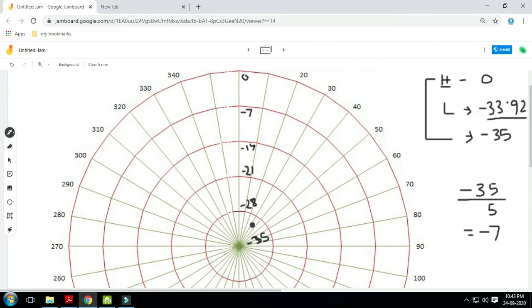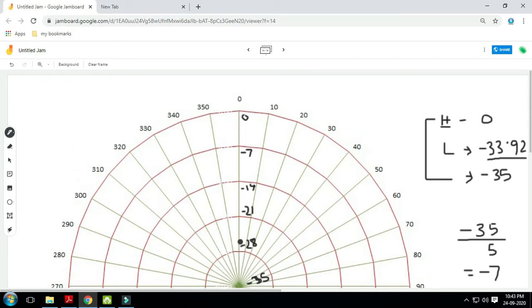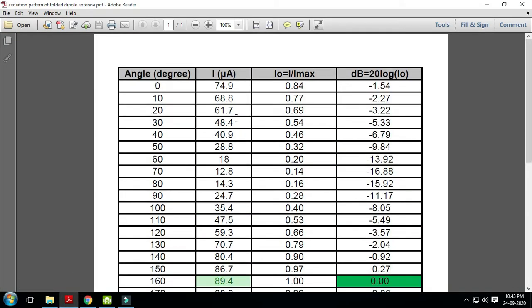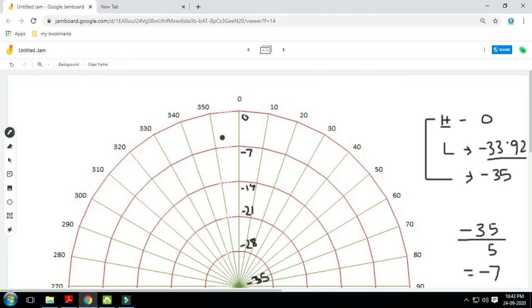Now the thing is, as I have scaled my graph, now I can put all the values in this graph. So start from 0 degree. At 0 degree I have minus 1.54. So how can I put it there? Minus 1.54 is between 0 and minus 7. So for example, at the middle section it is minus 3.5.